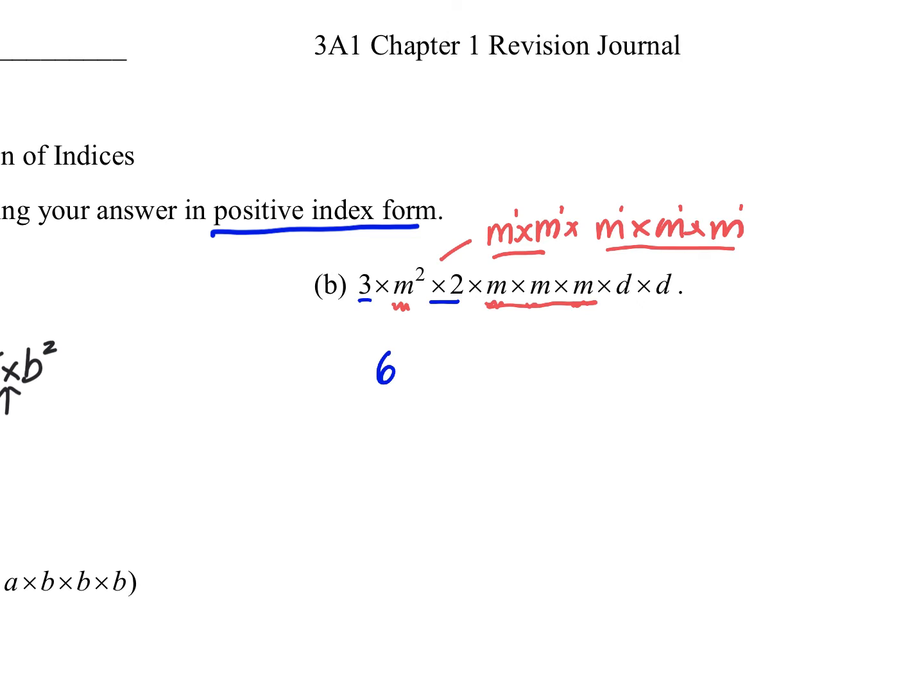So this one will become m to the power of 5. Next one we have d times d, so this one will give you d squared. Leaving the answer in the simplest possible form, this will be the correct answer.